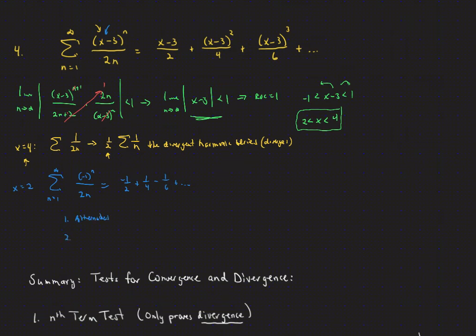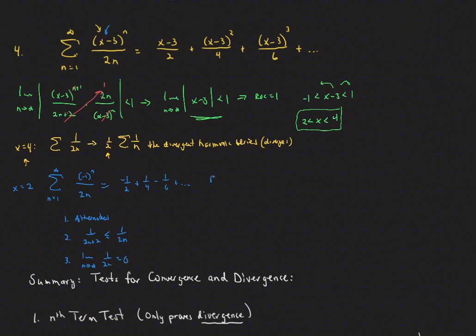And we can see that 1 over 2n plus 2 is less than or equal to 1 over 2n. So the terms in the series decrease, and we can see the limit as n goes to infinity of 1 over 2n is 0.